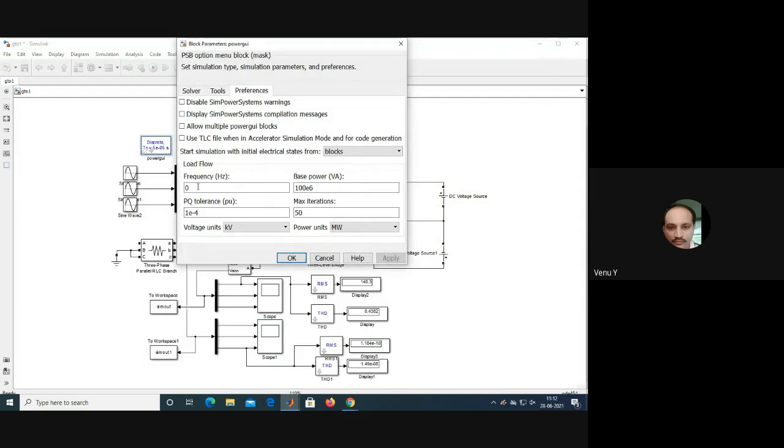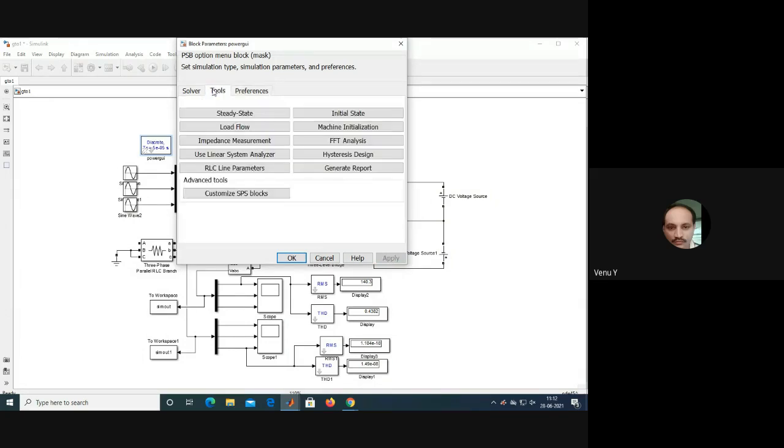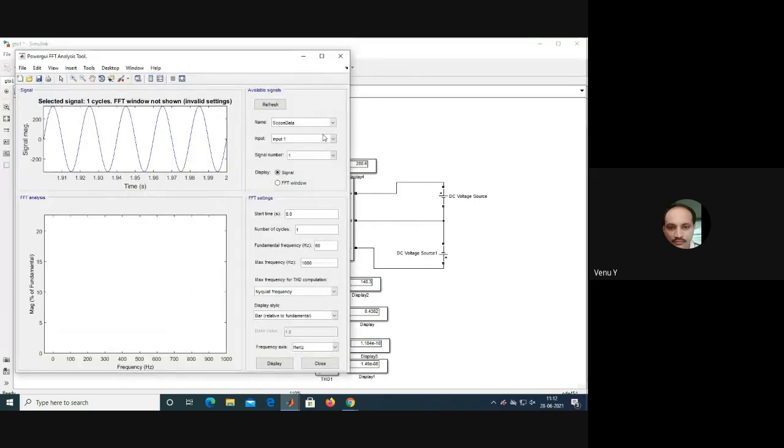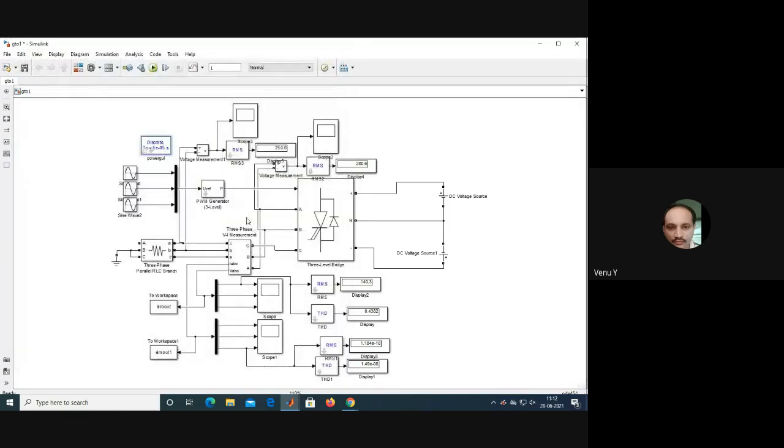And the preferences 50 Hz. Remaining you can keep as it is. And FFT analysis. So you can look at this scope 1, scope these two. Simout 1. And second you can run this.